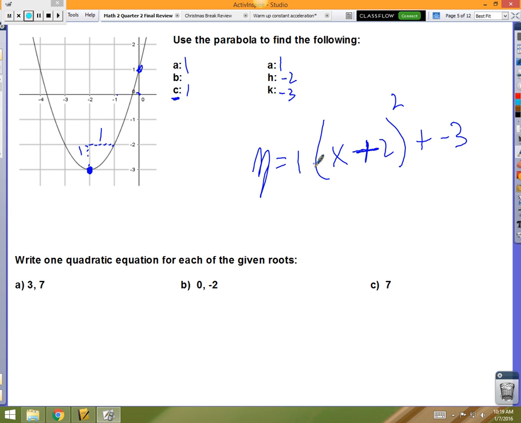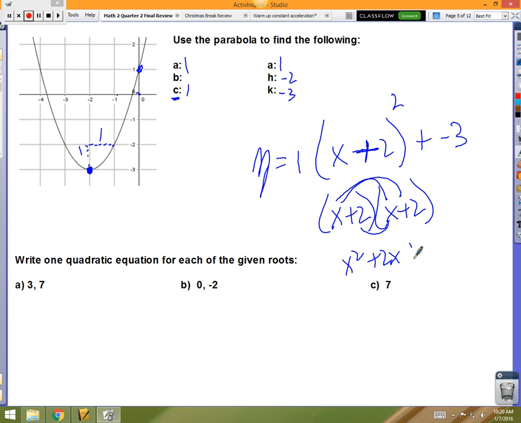And to find my ABC, I'm just going to simplify this. So I'm going to times x plus 2 by itself. So it's going to be x plus 2 times x plus 2, which is going to be x squared plus 2x plus 2x plus 4.